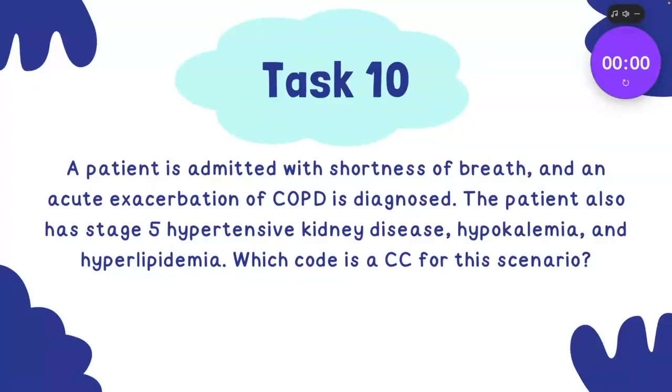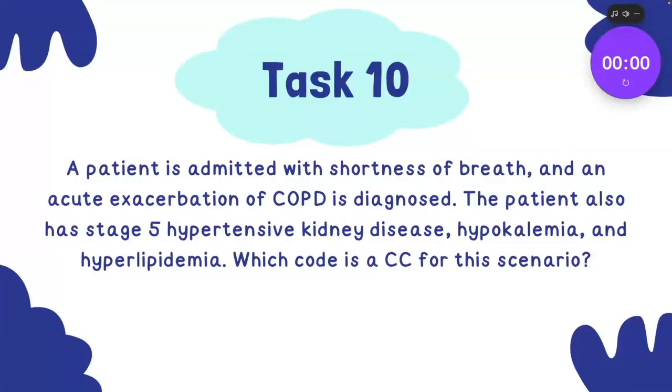Oh, we do, stage 5, so then you would put the N18 code. And then the patient also has hyperlipidemia and hypokalemia, so those are E78.5 and E87.6.